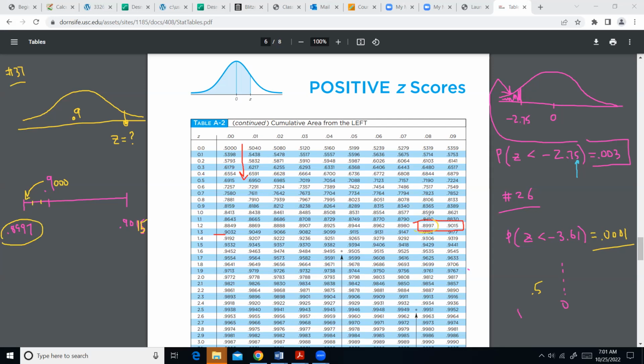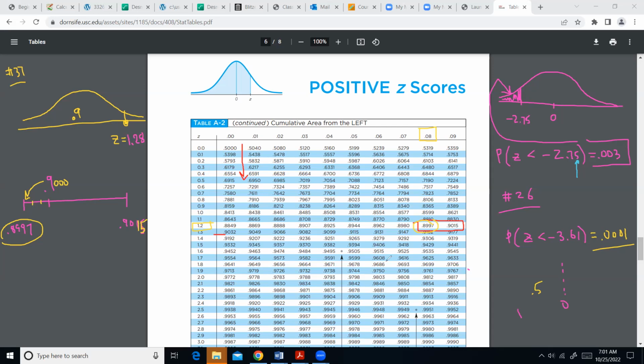And that's the reason why we take 8997, and that number will give us a Z-score. So we always select the closest to our number. So the closest to our number in this case corresponds to the Z-score, which is 1.28. So 1.28 is the answer for this exercise.